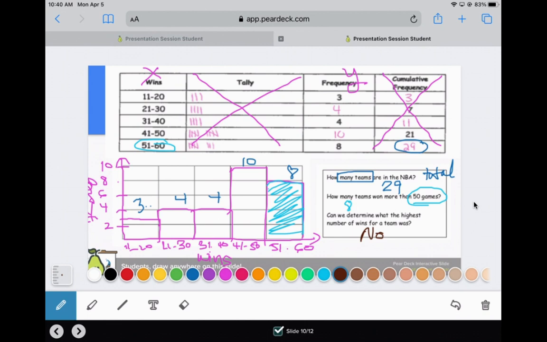You're counting up the classes, like the wins versus how many pounds versus total. Okay, so the rest should be your practice, okay?